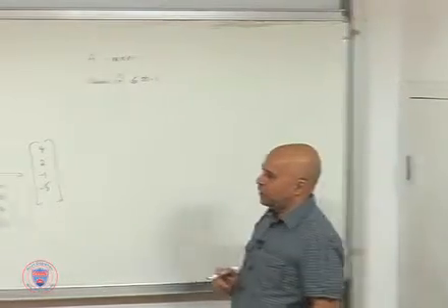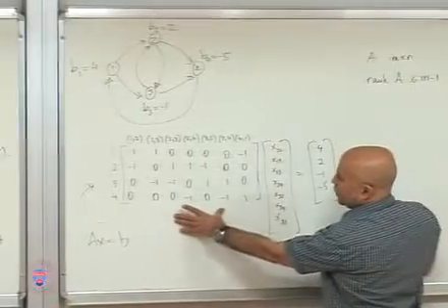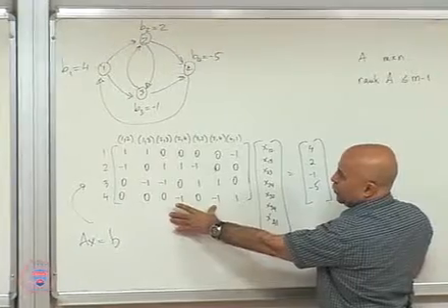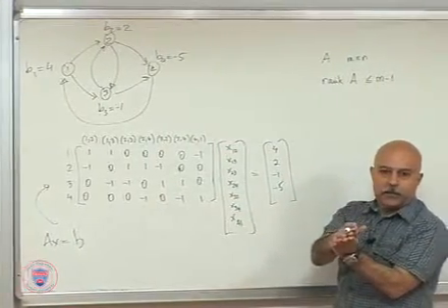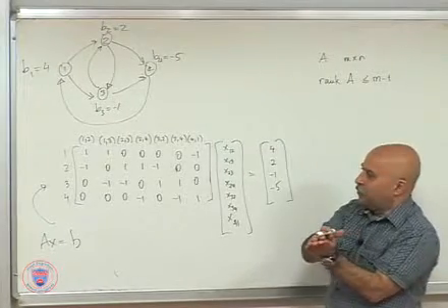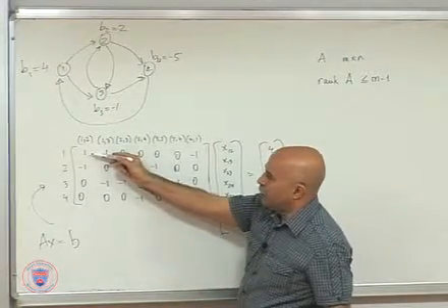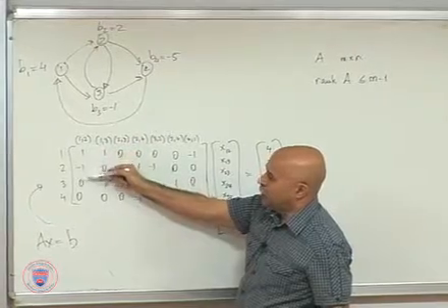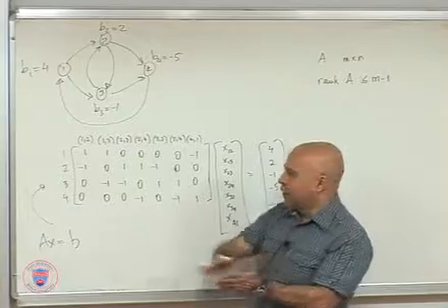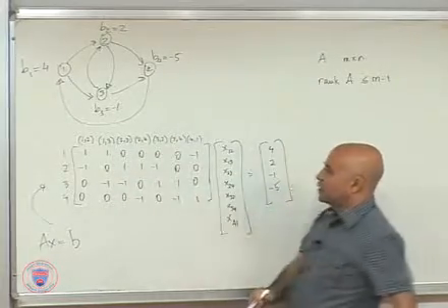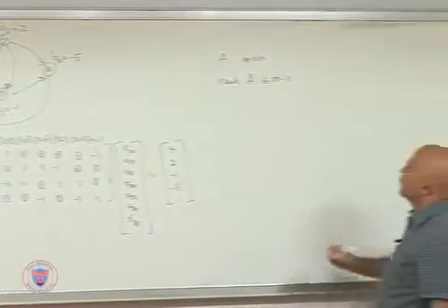The reason for that is, if you look at this particular one, you can see that immediately. If you add up all of the rows, you will get the 0 vector. Why? Because each column has a +1 and a -1 and zeros. So when you add them up, +1 cancels with -1. You've got zeros elsewhere, so the sum of the rows will give you 0.